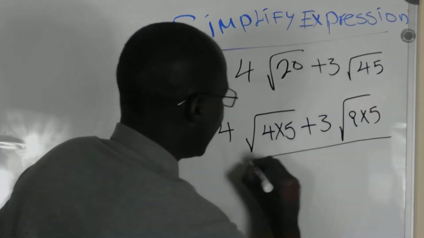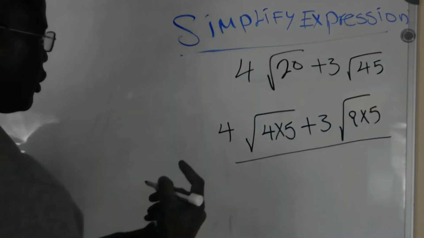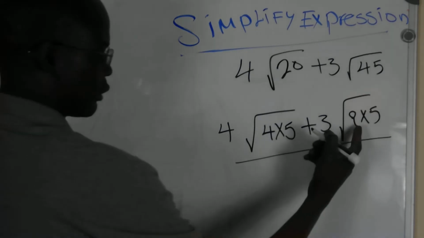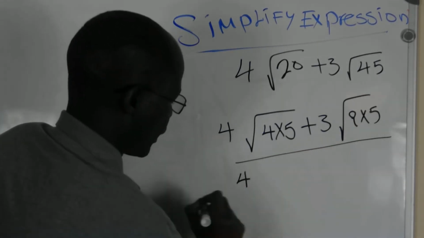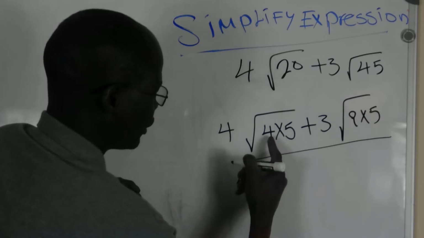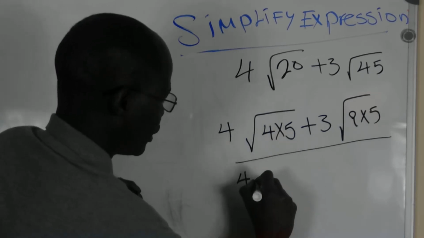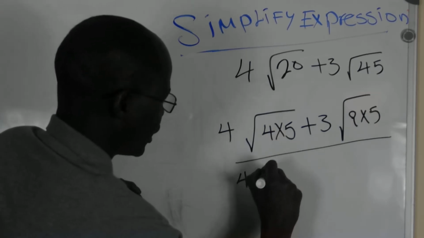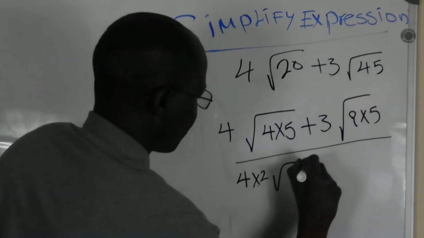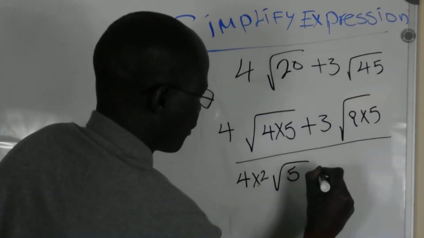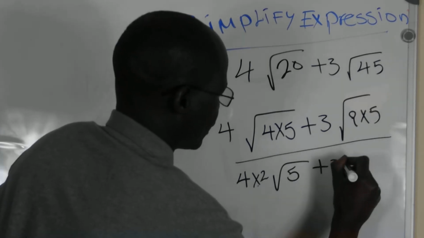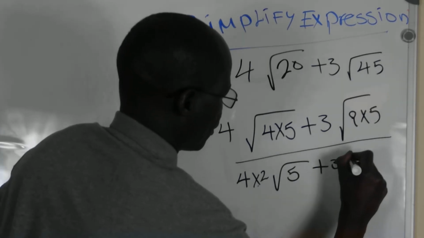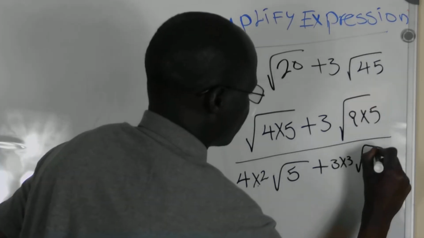To take the 4 out and to take the 9 out, the roots are 2 and 3. So it should be 4 times 2 root 5, plus 3 times 3 root 5.